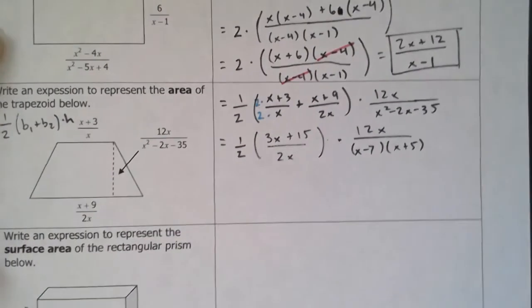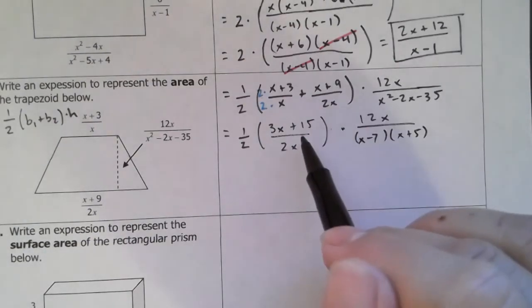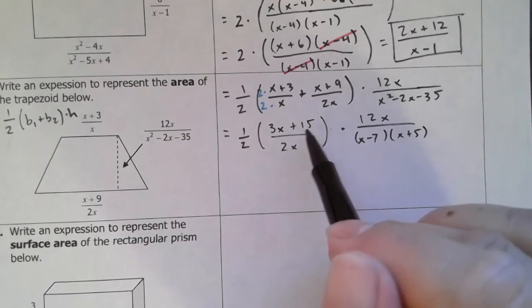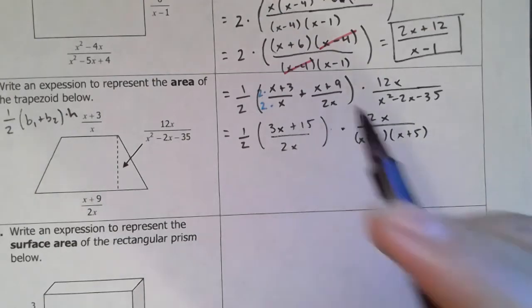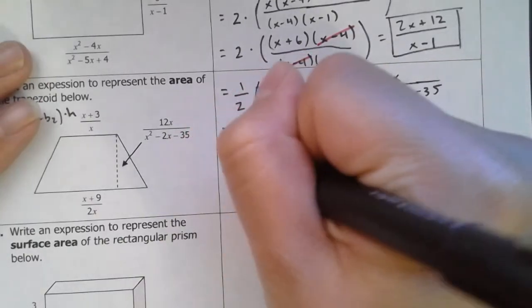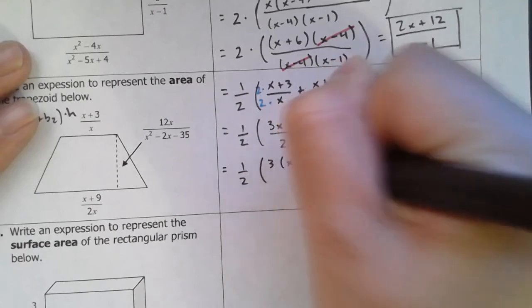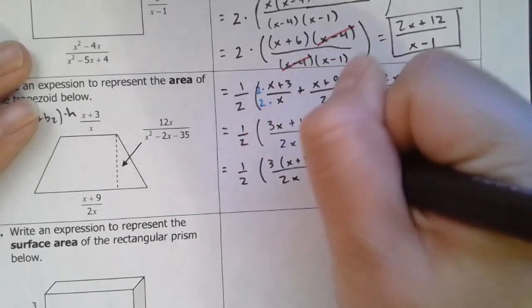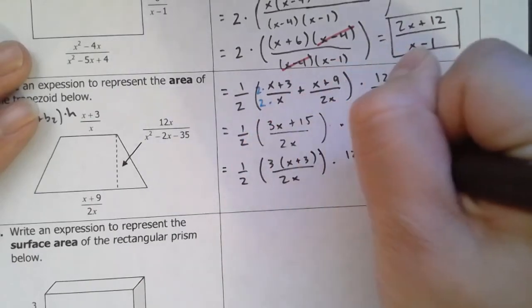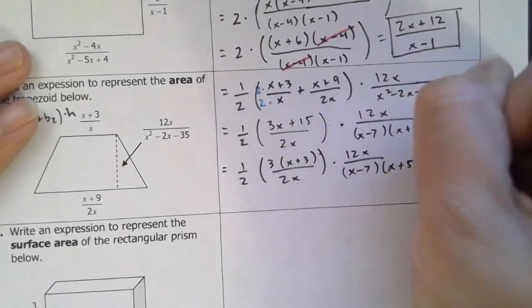Then from here I can factor out a 3. So 1/2, I factor out a 3. I got x plus 3 over 2x times 12x, x minus 7, x plus 5.